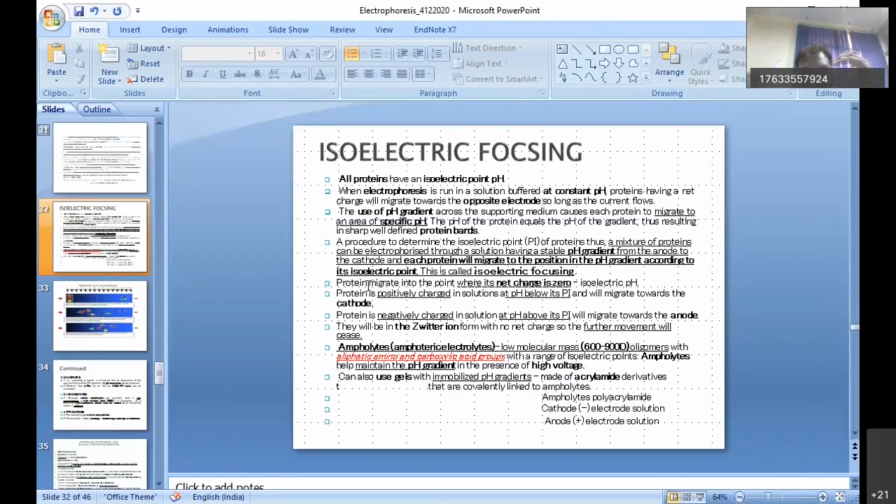Basically here the protein migrates to the point where the net charge is zero, which is the isoelectric pH. So on the basis of pH you can separate the protein. This principle is used in 2D electrophoresis, where there is separation on the basis of pH, and again separation on the basis of mass.